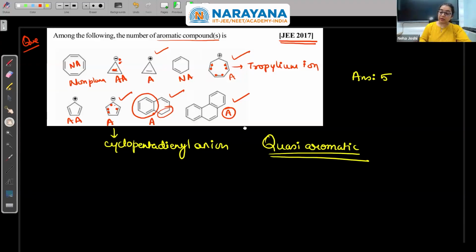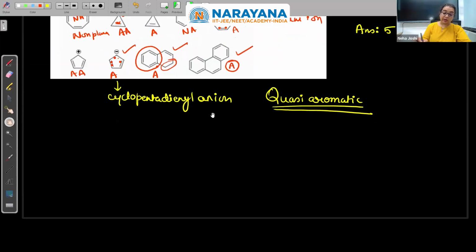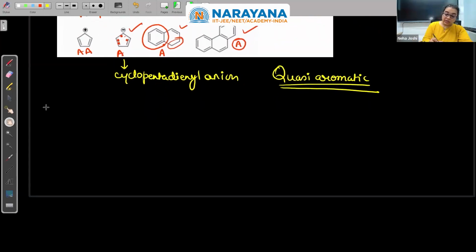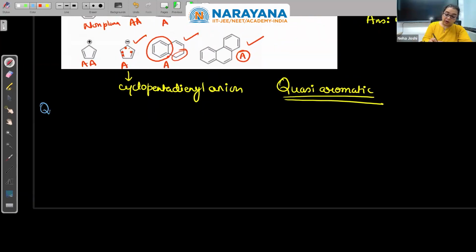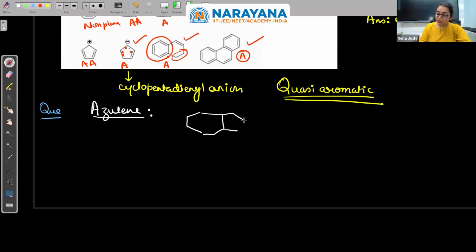Sometimes this generation of aromaticity is the reason for compounds to be polarized. I want to comment on azulene, which is a 5 and 7 member ring combination like this.